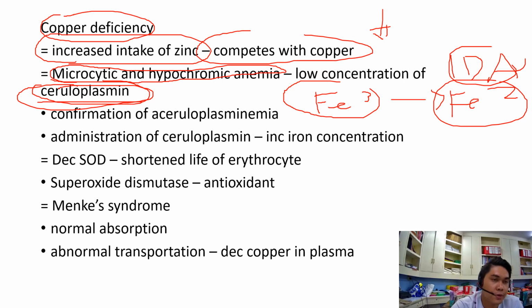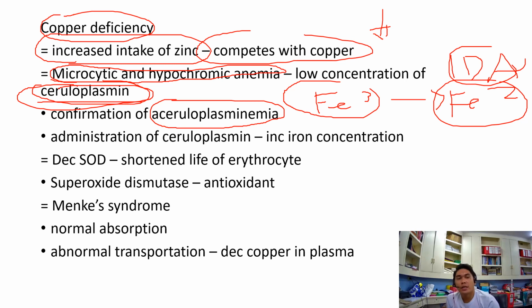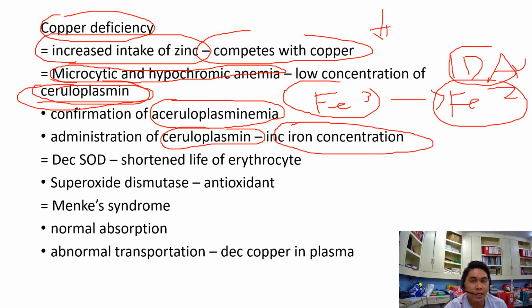Regarding confirmation of the disease aceruloplasminemia, which means the absence of ceruloplasmin, you can administer ceruloplasmin. Once you introduce ceruloplasmin, there is an increase in iron concentration, an increase in Fe2.